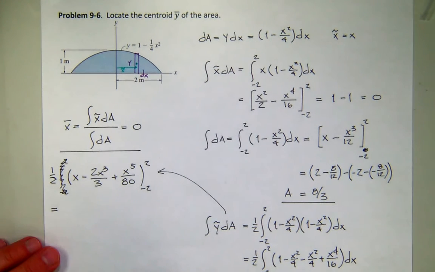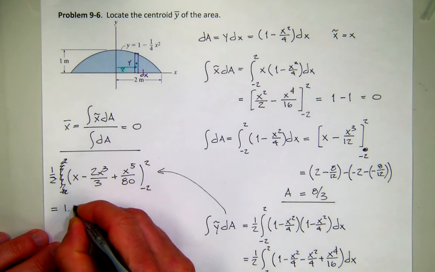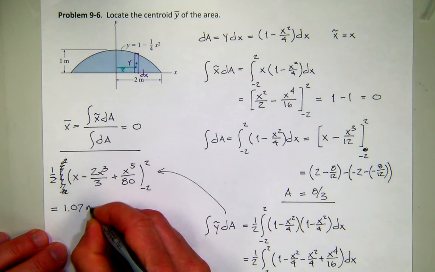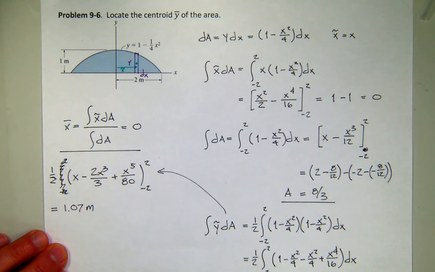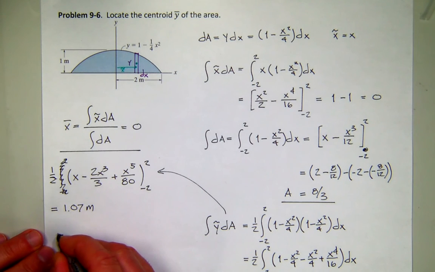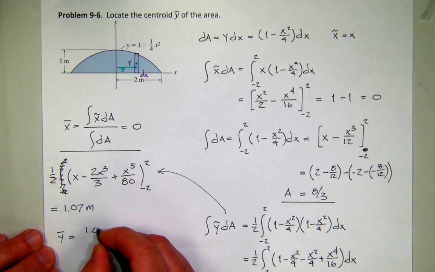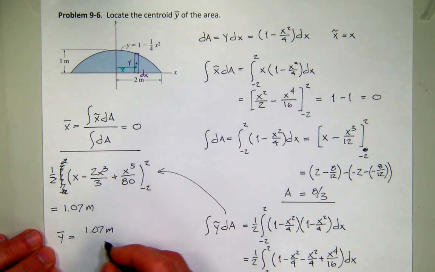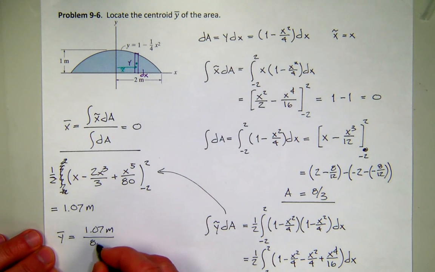1.06, 1.07. What'd you get? 1.07. 1.07? Did you get the 1/2 in front too? So the final value for y bar would be this value, 1.07 meters, divided by the area, which is 8/3.